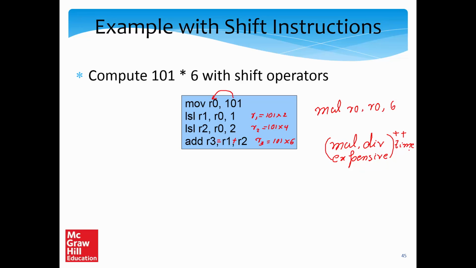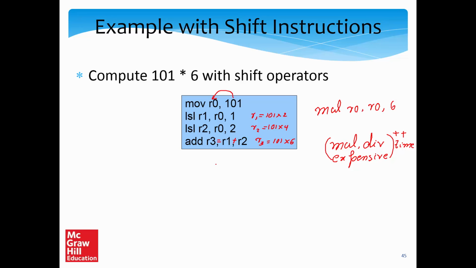So a lot of compilers and good programmers encourage the user not to use very expensive multiplication and division instructions and use shifts instead, which are very fast, right?